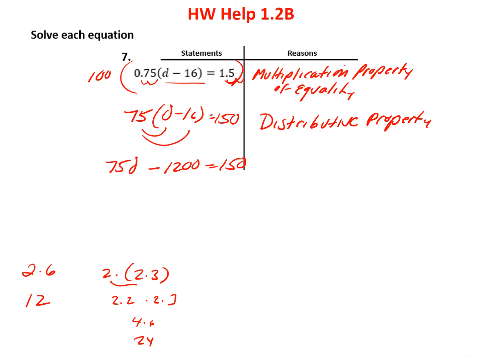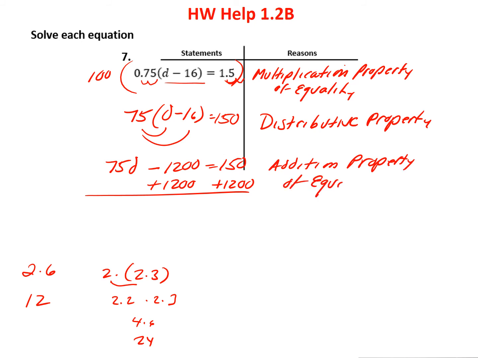And now we have a two-step equation. So let's undo the subtract 1200 by adding 1200. So that goes away, and I have 75d equals 1350.